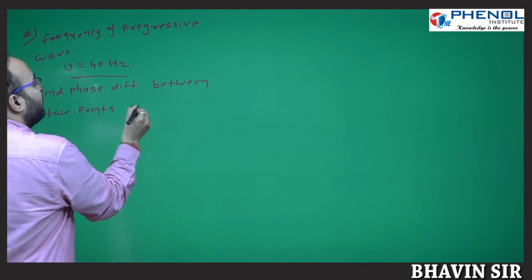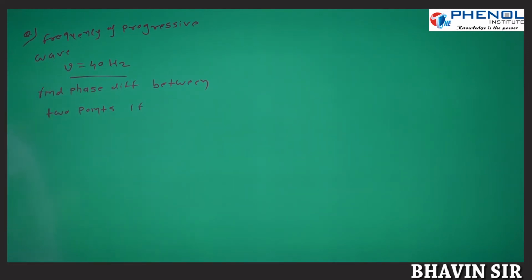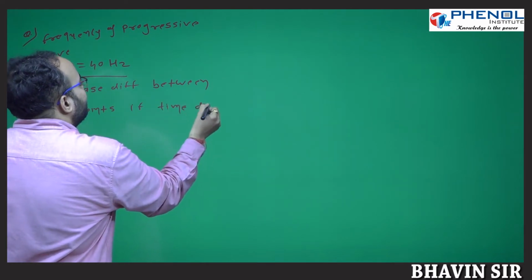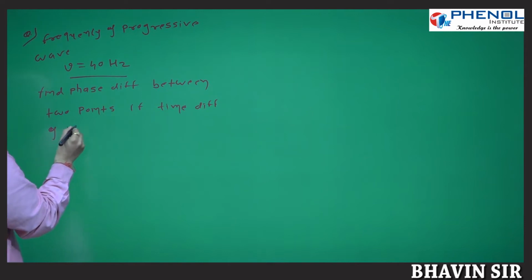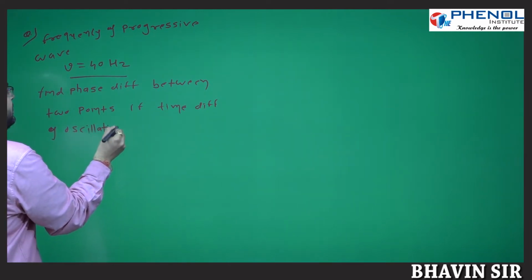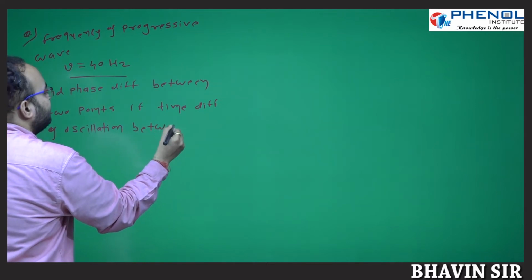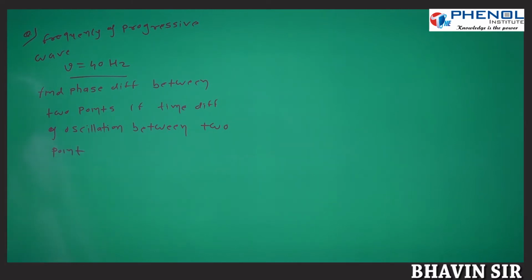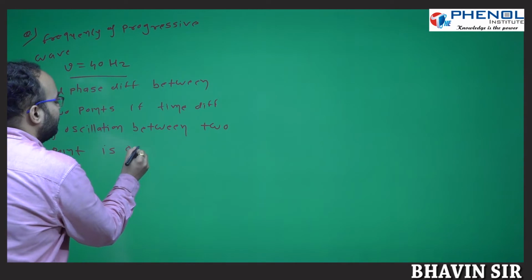Find phase difference between 2 points if the time difference of oscillation between 2 points is 0.02 second.